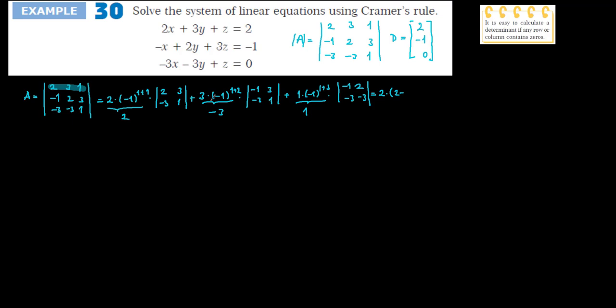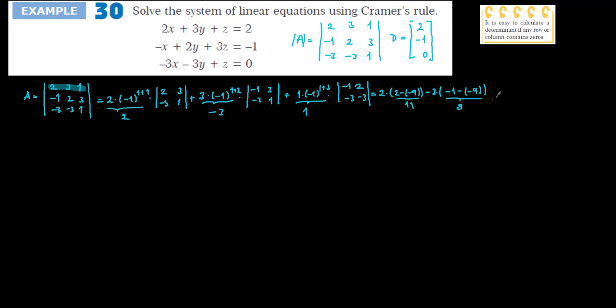And the answer is 2 minus 9, then minus 3 times, when we open the parenthesis, minus 1 times 1, which is minus 1, minus 3 times 3, which is minus 9. So here this is going to be equal to minus 7, this is going to be equal to 8, and this is going to be equal to 2 plus 9, which is equal to 11.